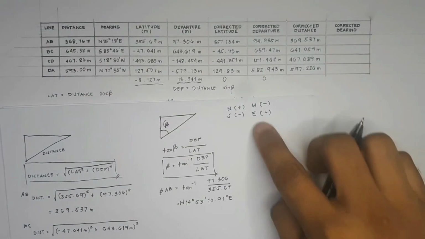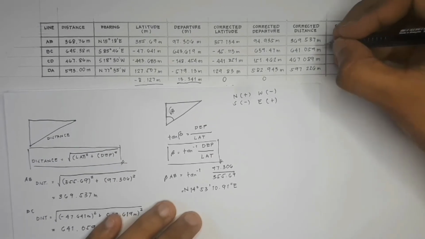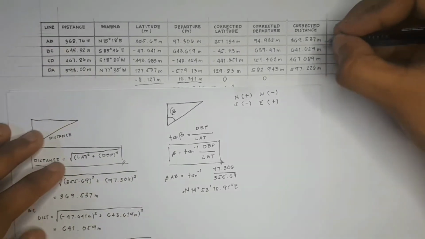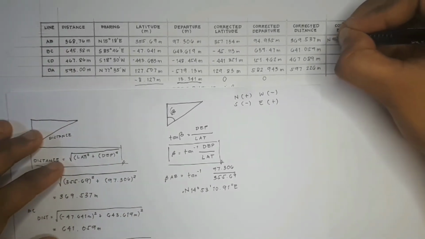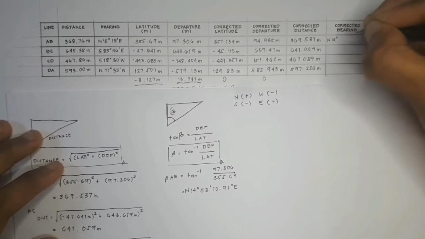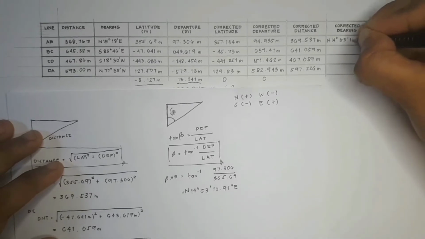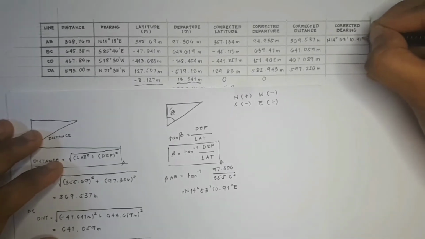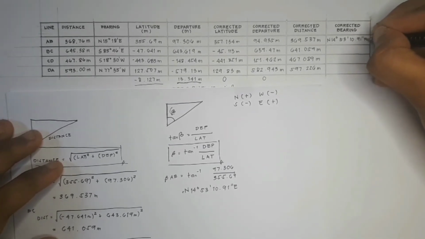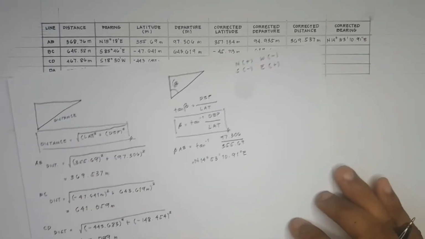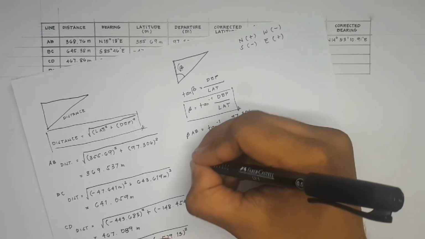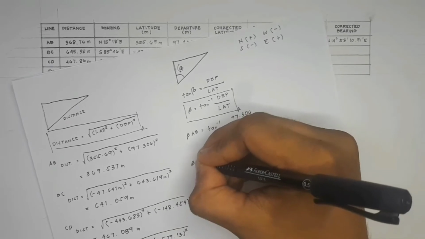So we have our corrected bearing for line AB: north 14 degrees 53 minutes 10.91 seconds east.